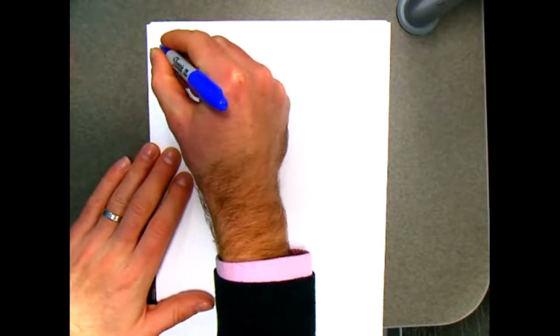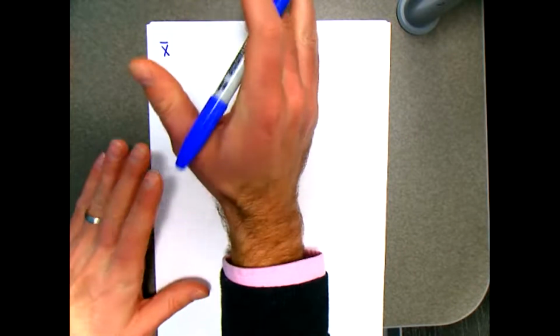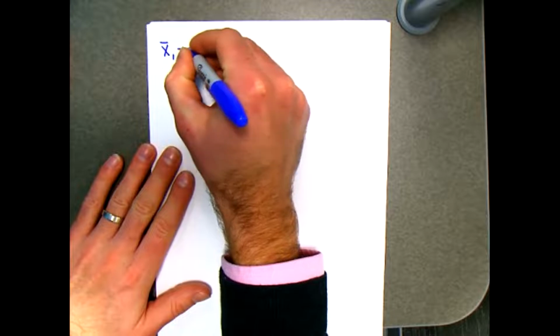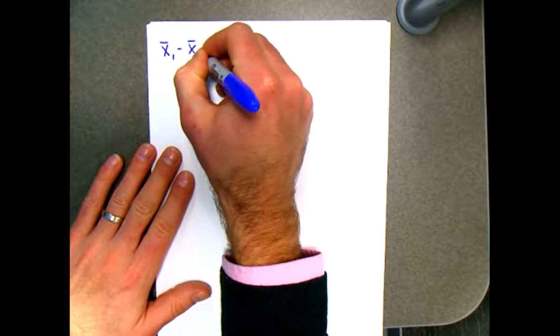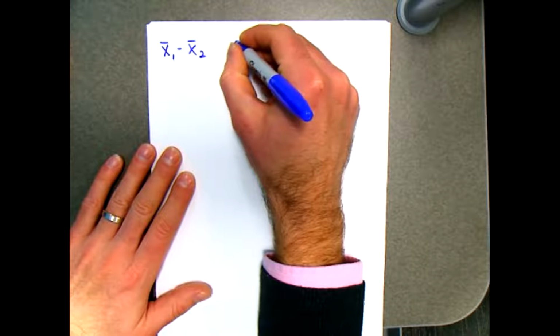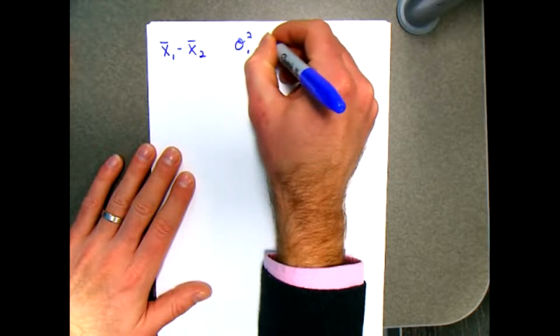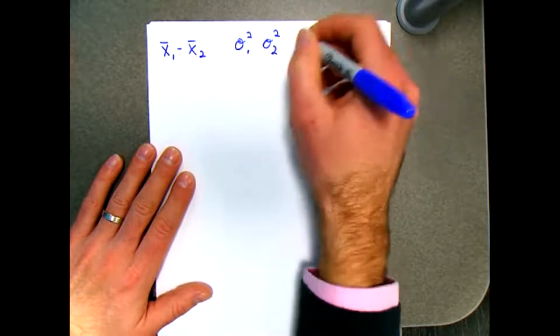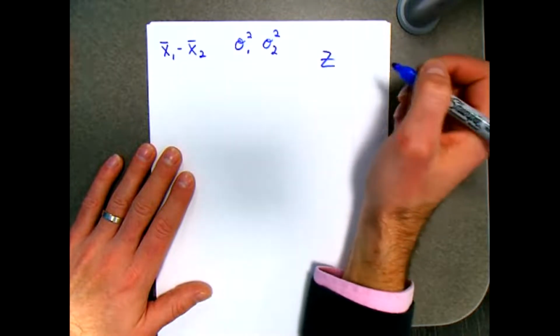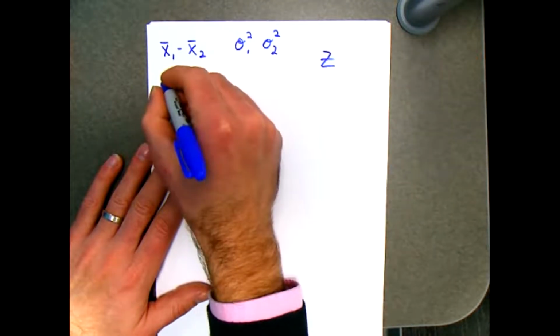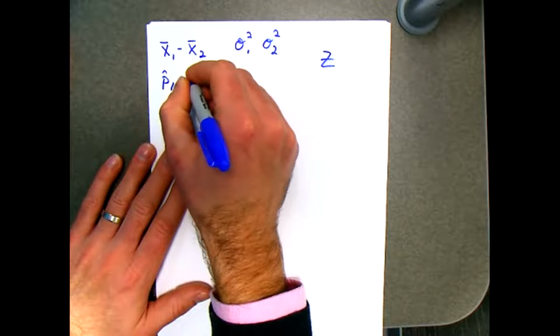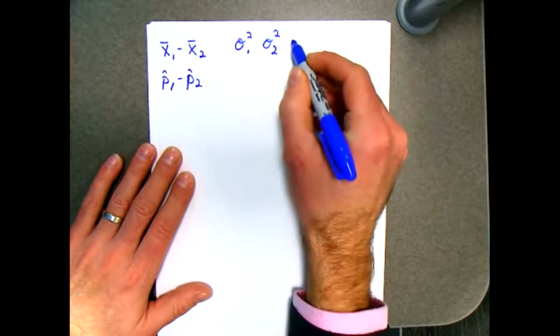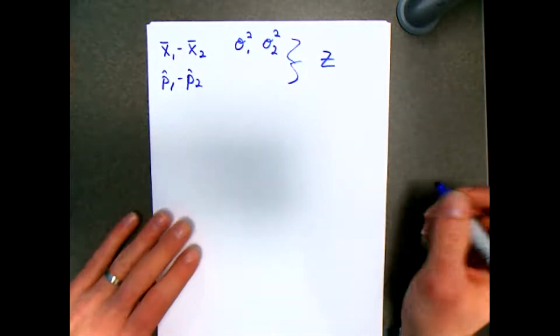We're just looking at stuff since the last exam. So anytime we're comparing 2 sample means and we actually have known population variances, this is where we can use that standard normal distribution. If we're looking at the difference in sample proportions, we get to use that standard normal distribution.